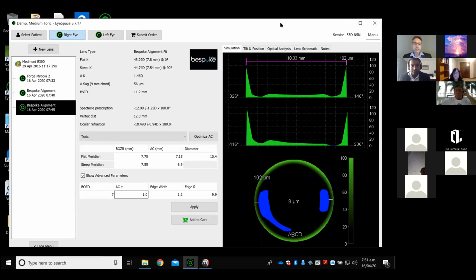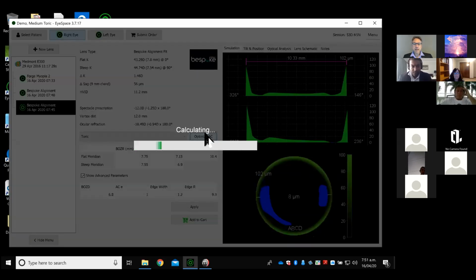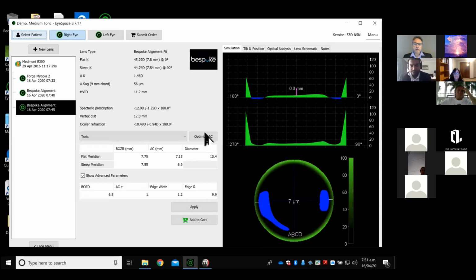All that Jagrid needs to do is go down to that block where it says BOZD and change the number from 7 to 6.8. He clicks optimize, and the software will then redesign that same lens using a 6.8 optic zone. And so you can play around with the various sizes as you wish.